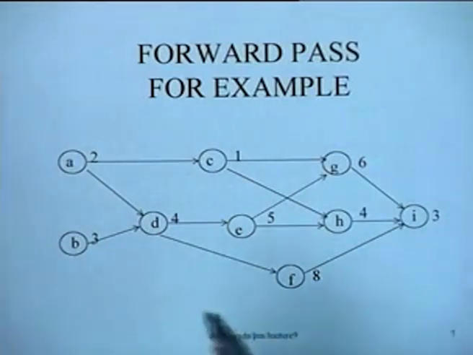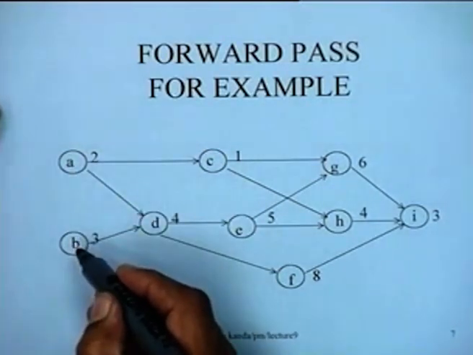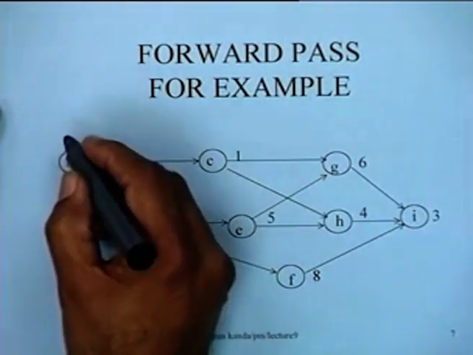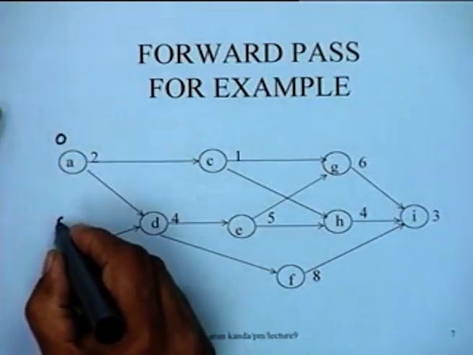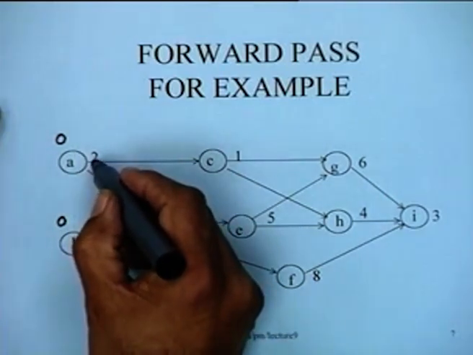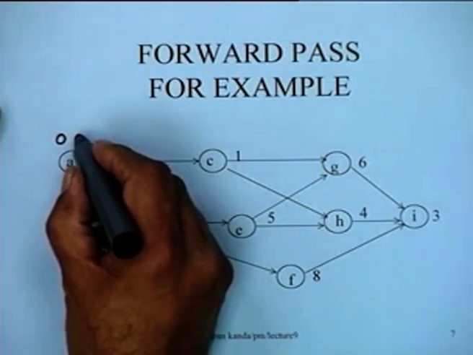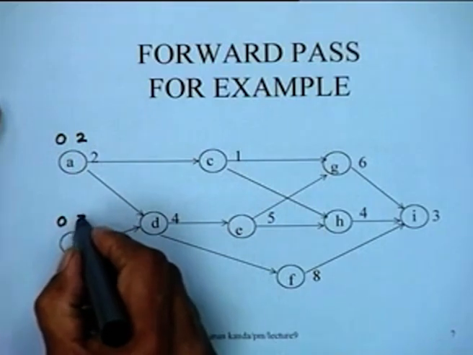A and B are the two activities which do not have any predecessors. So they are the beginning activities. So they can start in fact at time 0. So this can start at time 0 and this also can start at time 0. And moreover, this particular activity has a duration of 2. So its early finish will be 2 and the early finish for this activity will be 3.